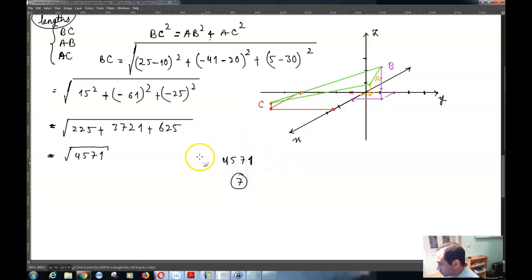If you want to know whether this number is divisible by 7, what you can do is use the divisibility test for 7. Your number is 4571.